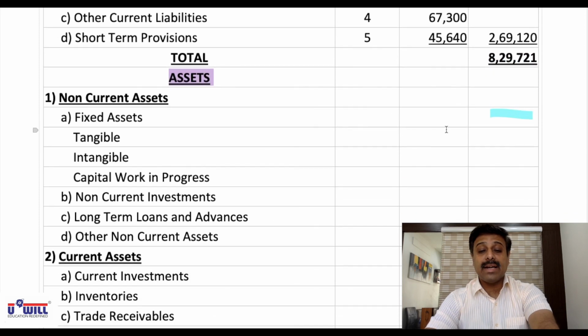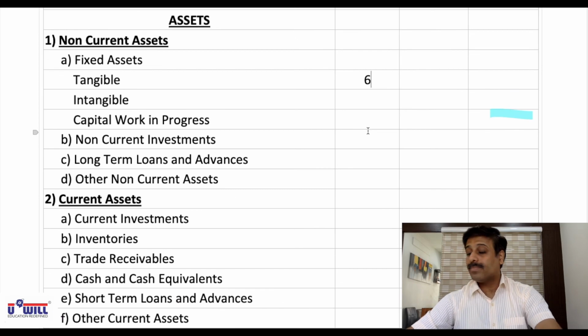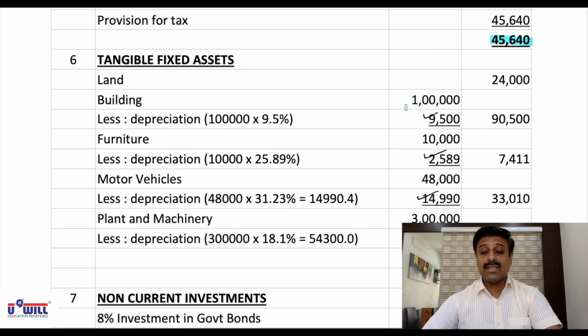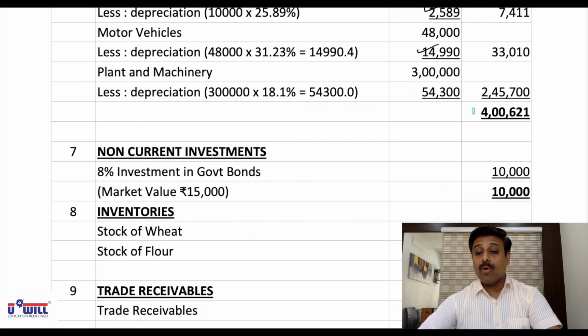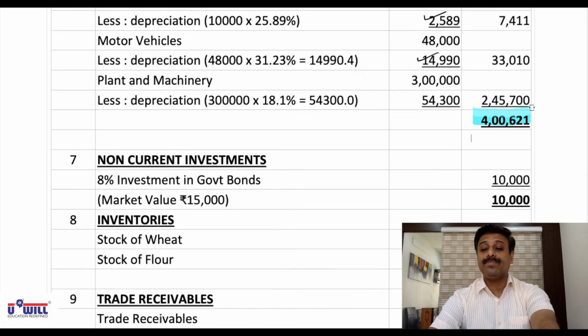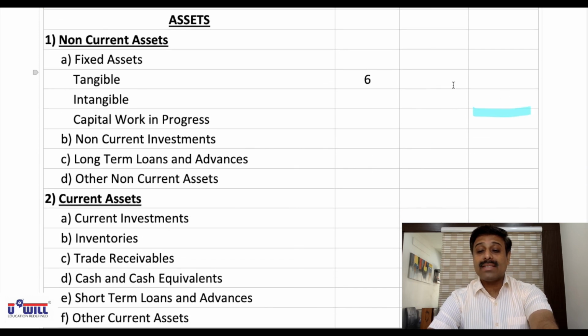Then the asset side, tangible fixed assets, note number 6: 4,621. Then intangible we don't have.